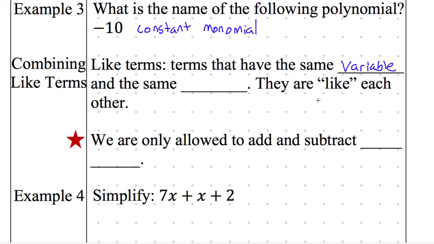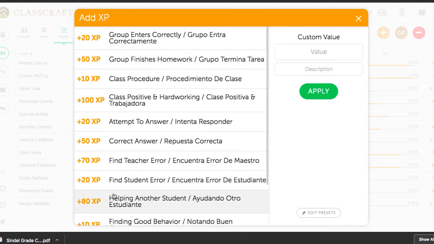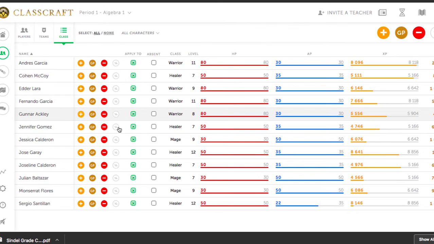Good guess, but not the same sign. Keep going. What other things do you have about a polynomial? Yep, there it is. The same variable and the same exponent. Andres was helping. Gunnar was getting it correct.